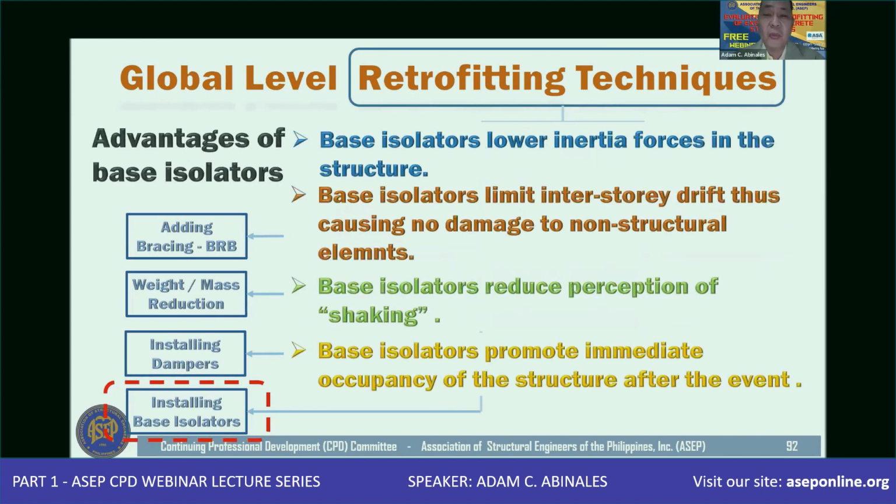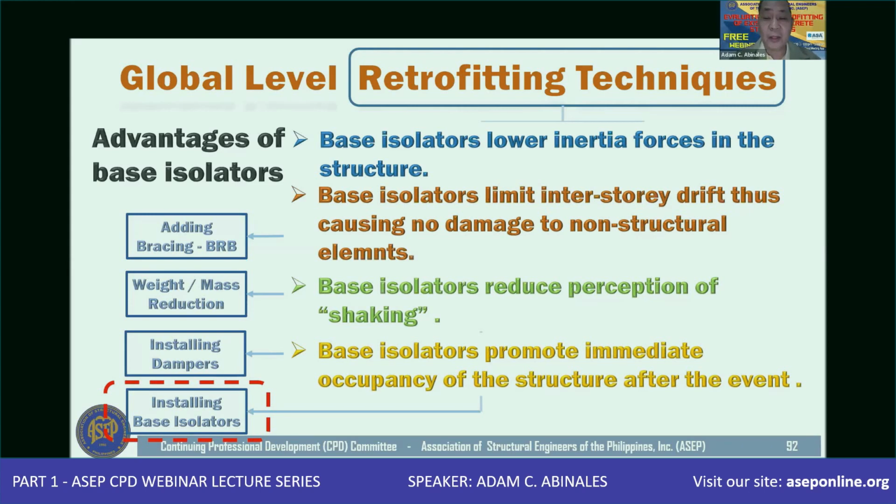Base isolators lower inertial forces in the structure. They limit inter-story drift, thus causing almost no damage to non-structural elements. Base isolators reduce perception of shaking. I have heard a personal experience of a friend who was staying in a building which is base isolated.